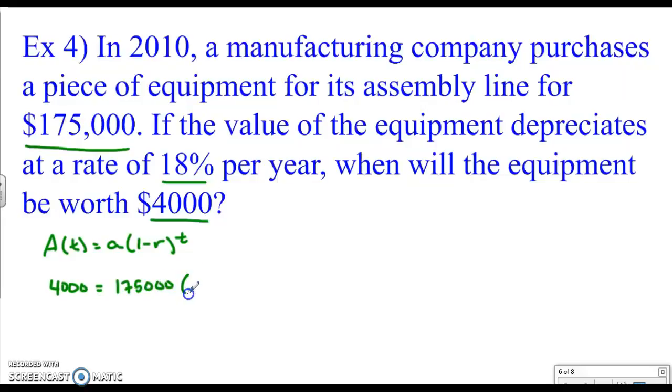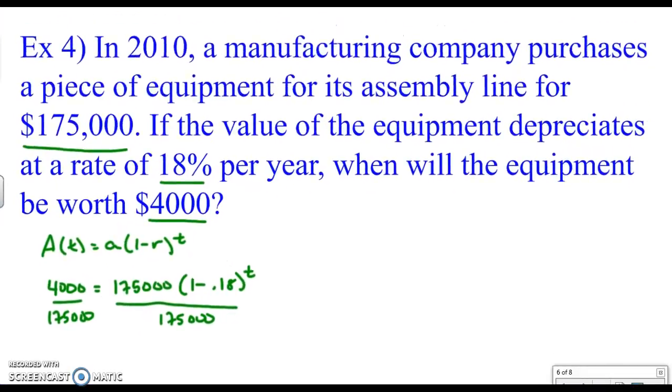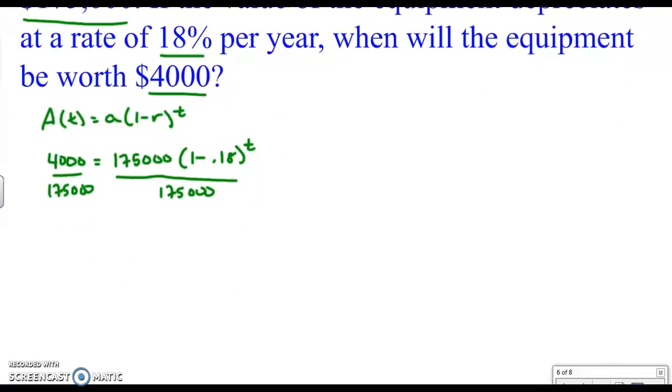From the original value of $175,000, 18% is 0.18 as a decimal. So we're going to go ahead and simplify. I'm going to divide by 175,000.